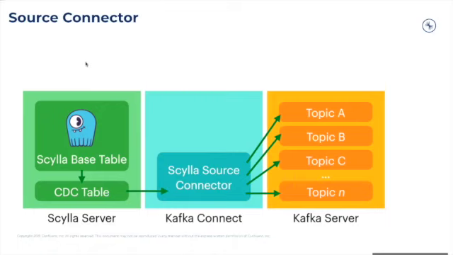You've got the Scylla base table, it's creating its own CDC table. And so in the middle there, the Kafka Connect source connector, all it has to do is just read records from that table. That's the easiest kind of database read there is. And it does that. Then from there, that connector writes those records into one or more topics in the Kafka cluster.